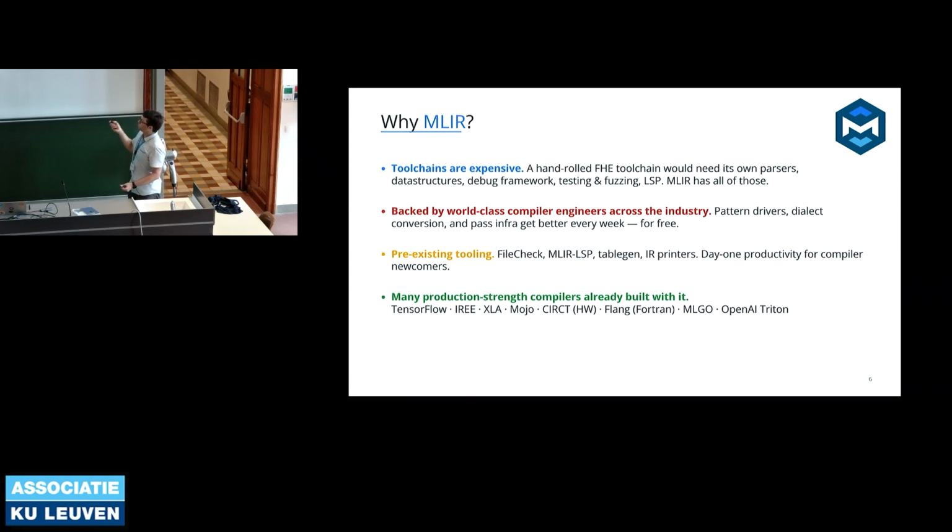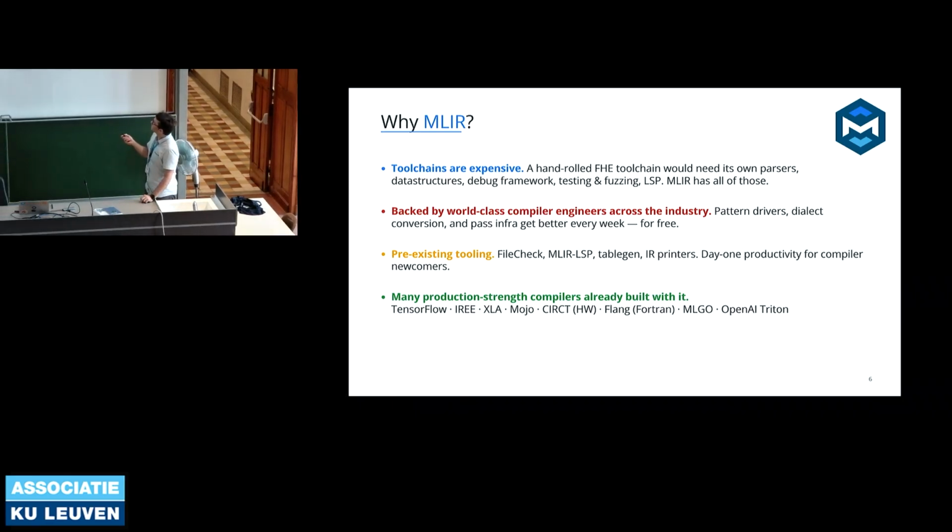Because if you want to write a compiler for FHE, you have a new FHE that you want to write a program for, and you think it's going to go so much faster, the first reflex is to say, okay, I'm going to build my own compiler, and it's going to be so much faster. But then there are all these niceties.